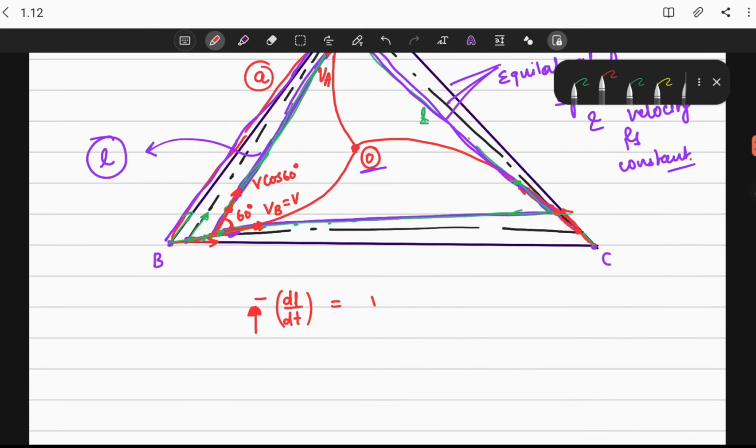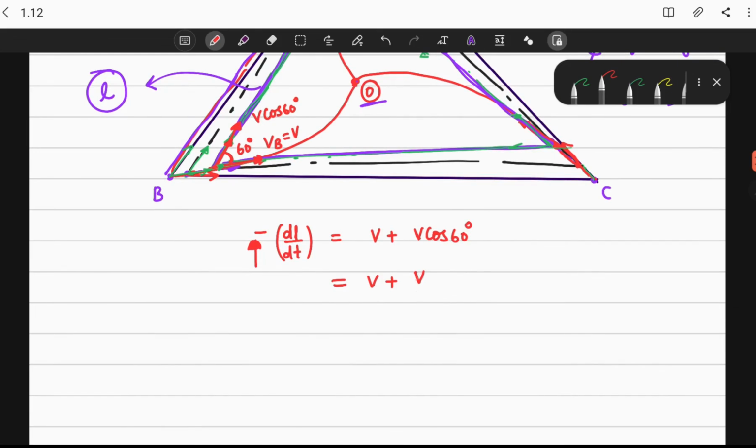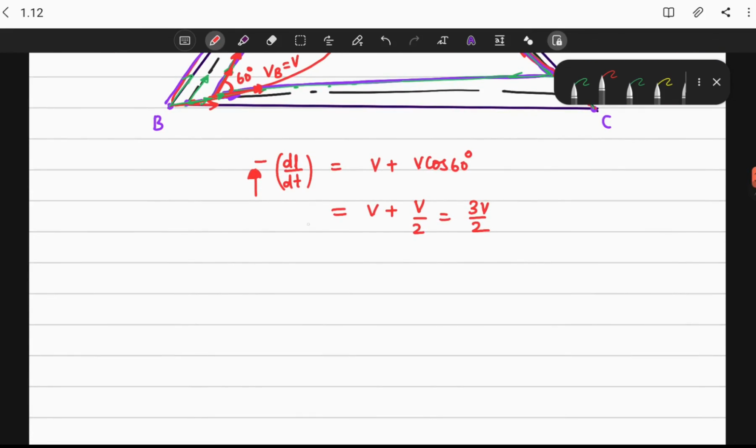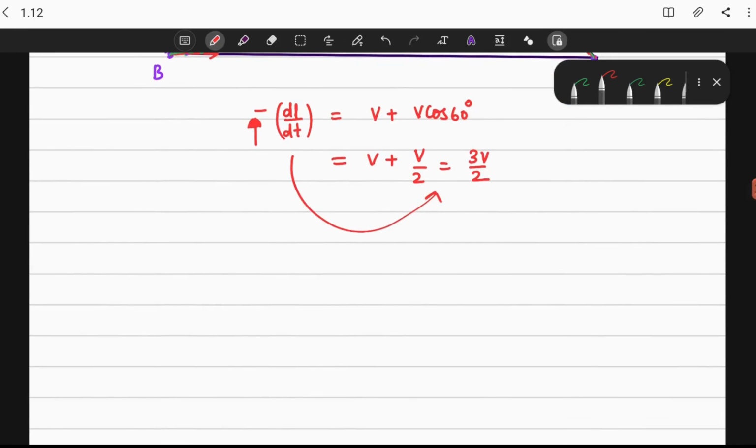So we can write velocity of A, that is V, plus V cos 60 degrees, which is V plus V by 2, that means 3V by 2. Moving dt to the other side, we get minus dl equal to 3V by 2 into dt.